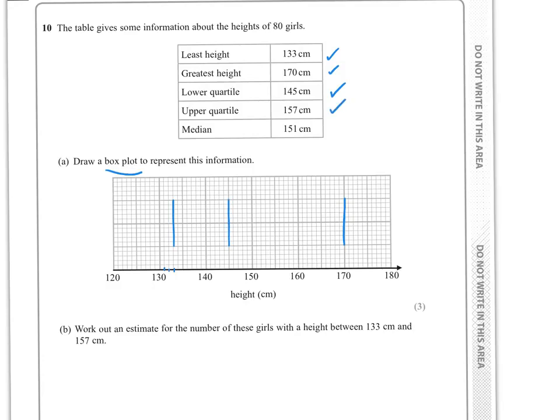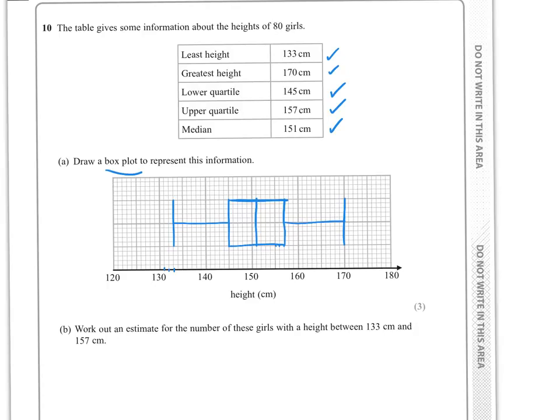Our upper quartile is 157. And our median is at 151. Obviously you'll use a ruler in the exam. And there's our box plot.